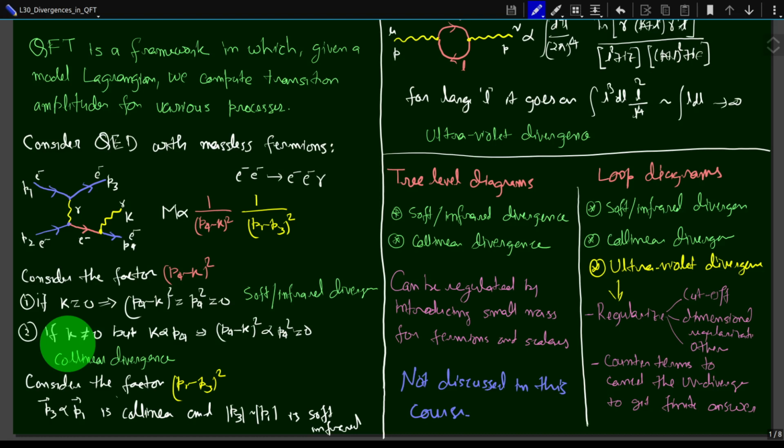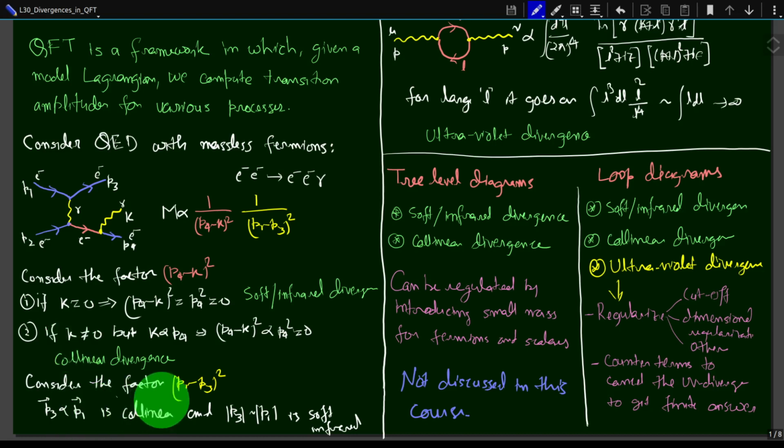So this is called collinear divergence, where the energy of the photon is not 0, but it's coming out collinear to the outgoing electron. So the amplitude for that is also infinity, and this is called the collinear divergence, which also needs to be treated properly. And again, this is beyond the scope of this course.